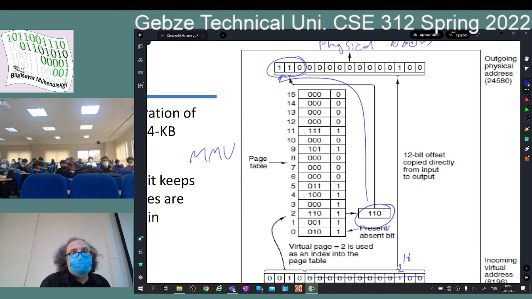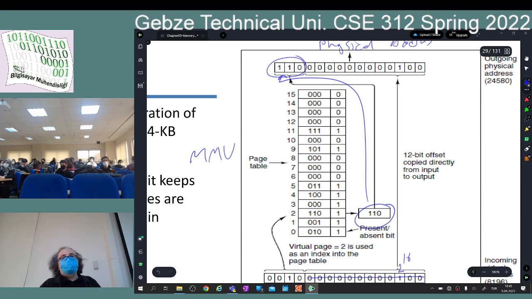I don't have it loaded because, as you know, my virtual address space is much larger than my physical address space. So some pages have to be out of my memory and on my disk. So these are the present-absent bits.